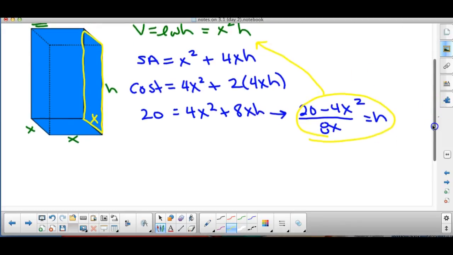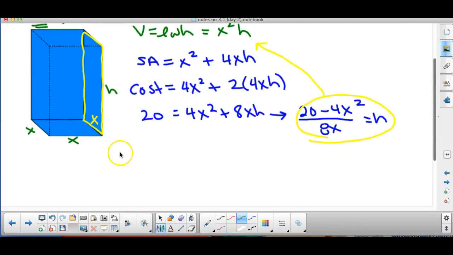So let's rewrite our volume equation. So we'd have v equals x squared times our height. We'll distribute the x squared in a minute. Let's distribute that x squared.